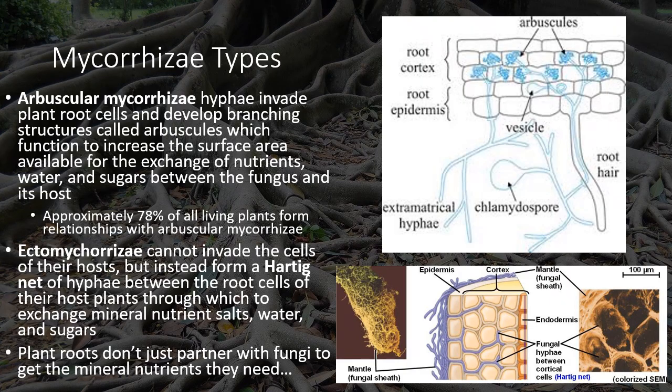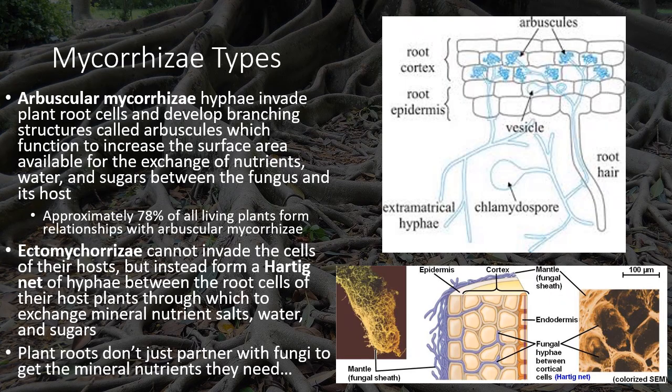And there are a couple different kinds of mycorrhizae. I'm not going to go into all of the different species. That would be something you could do an entire career in mycology on. There are basically two different types. Most mycorrhizae fall into one of these two groups: arbuscular mycorrhizae and ectomycorrhizae.